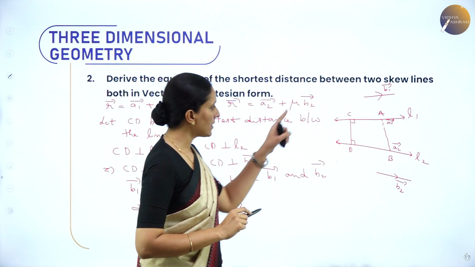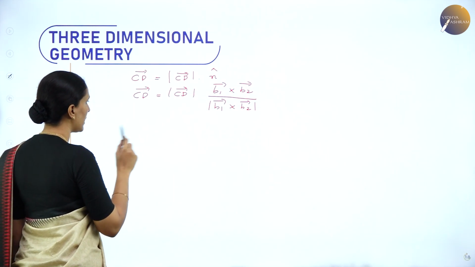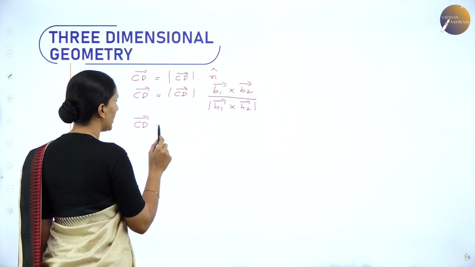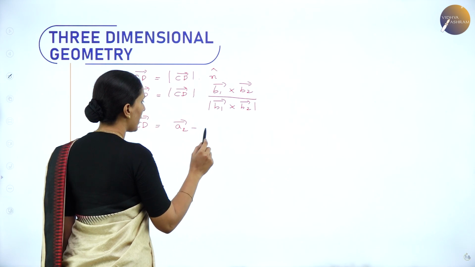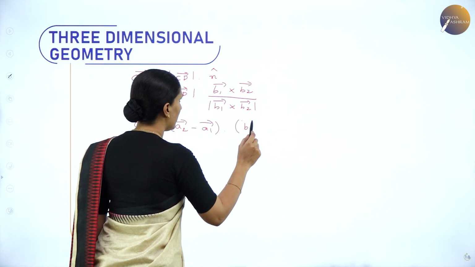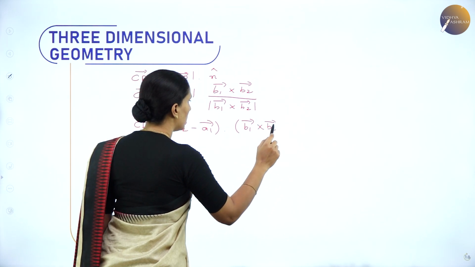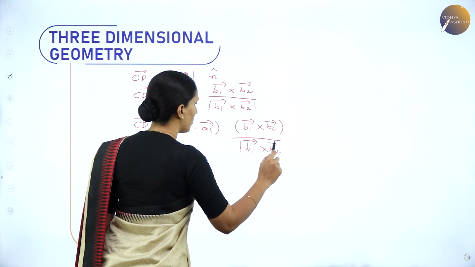Again from the figure we can see CD is the projection of vector AB. So instead of magnitude of CD, we can write (A2 minus A1) dot (B1 cross B2) divided by magnitude of vector B1 cross vector B2.